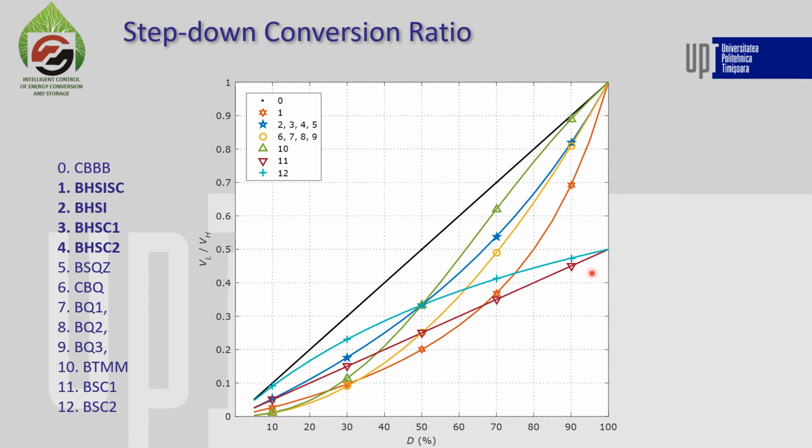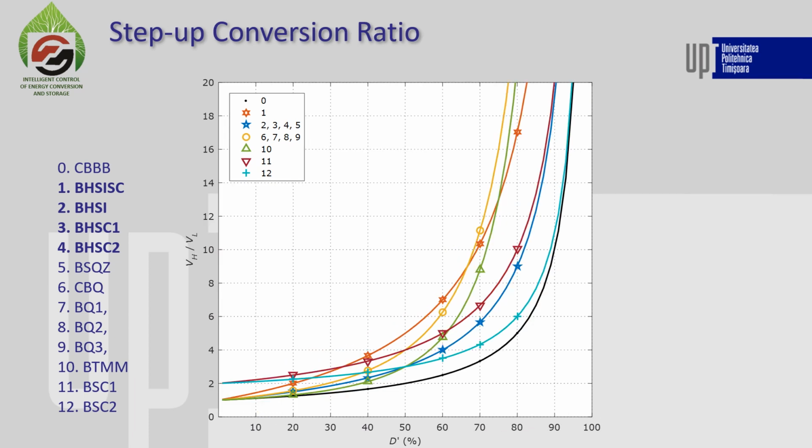Here we have to keep in mind that this conversion ratio is for the step-down mode, which is the ratio between the voltage on the low voltage side and the voltage on the high voltage side as a function of the duty cycle D. This is relevant because next we look at the step-up conversion ratio, which is defined a bit differently as the ratio between the high voltage divided by the voltage on the low voltage side.